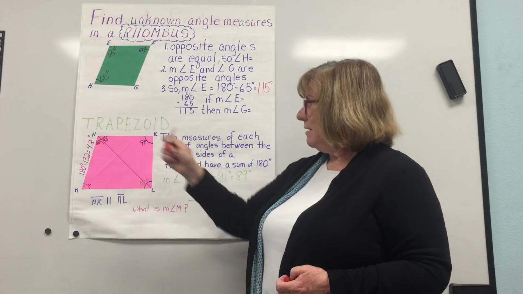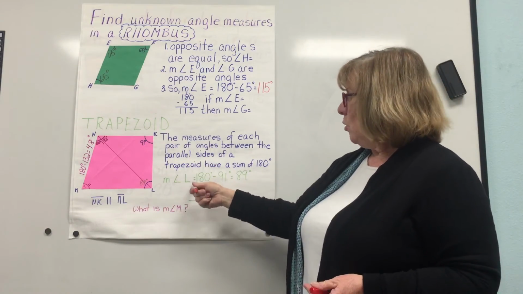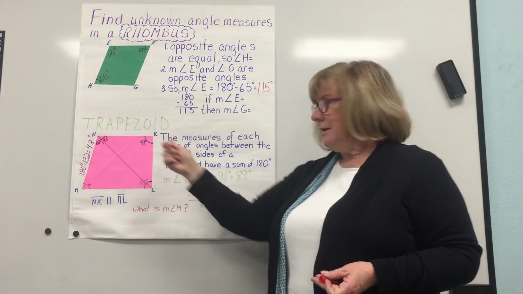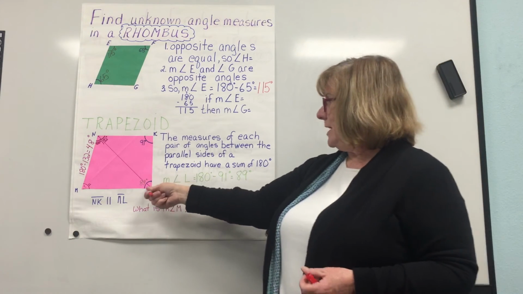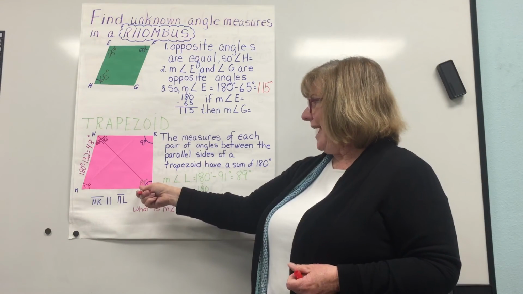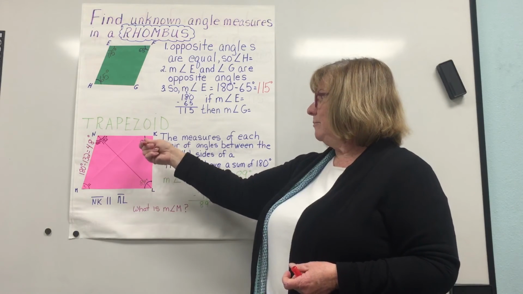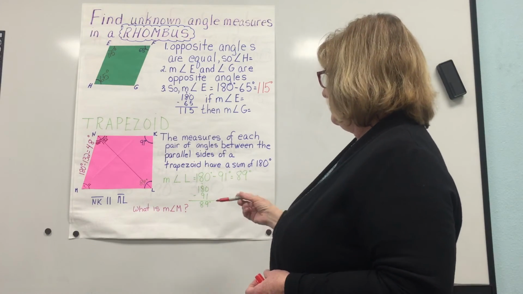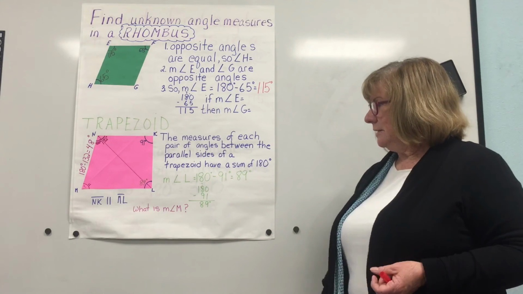Angle K, I've already done the calculations here. So let's see. 180 degrees minus 91 degrees gets us 89 degrees. So the measurement of angle L is 89. 89 plus 91, 9 plus 1 is 10, equals 180 degrees.